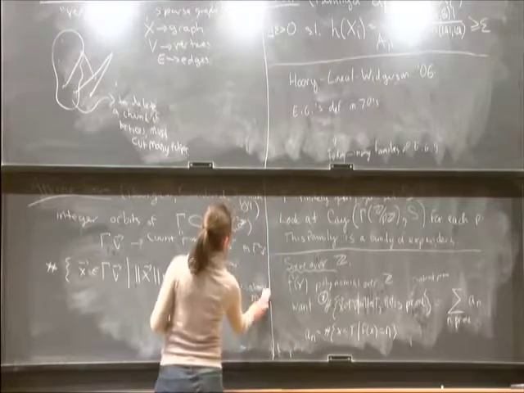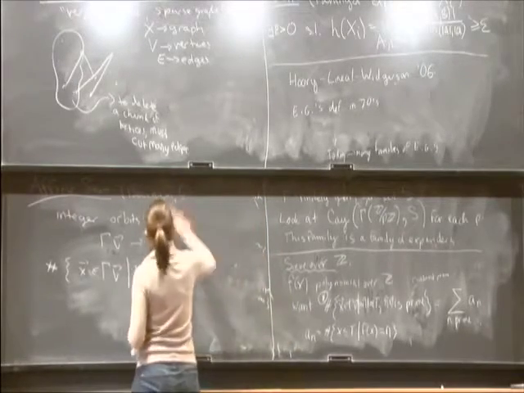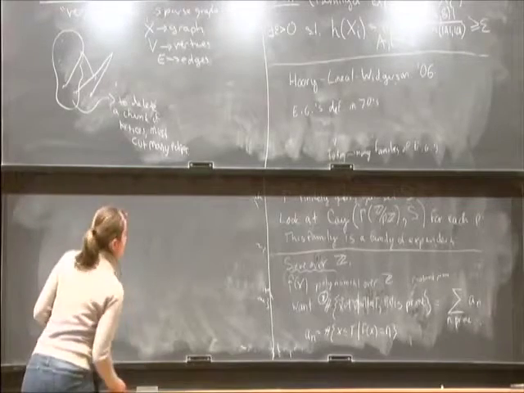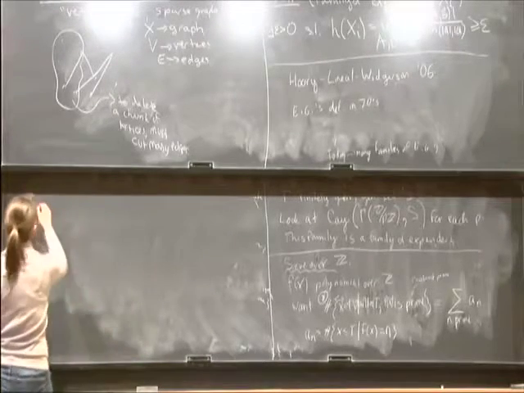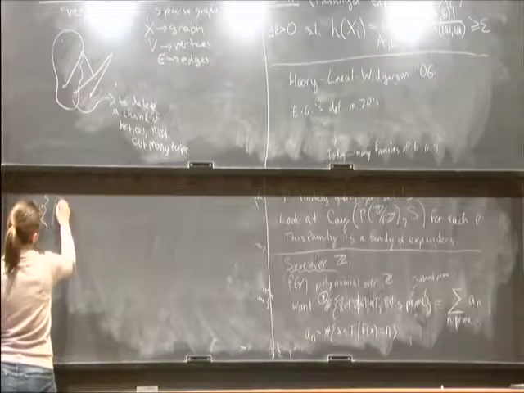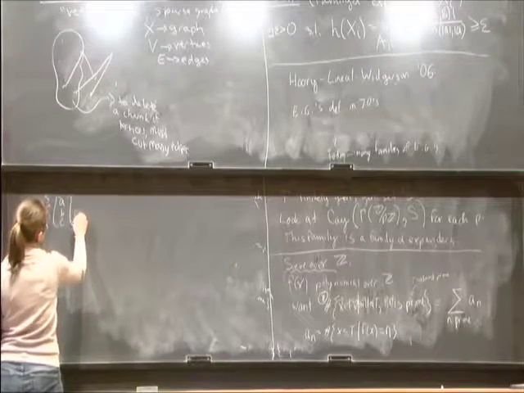So specifically, you might ask for the number of A, B, C in your orbit.